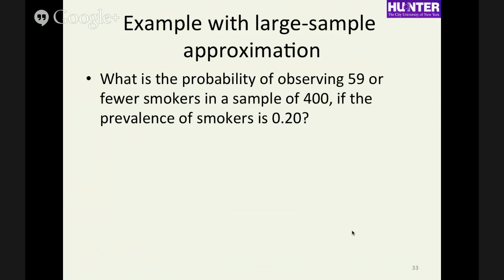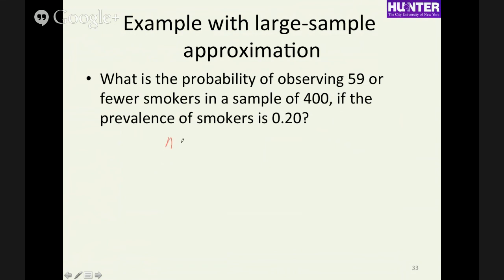One more example. I guess we can go through this quickly. The probability of observing 59 or fewer smokers in a sample of 400.